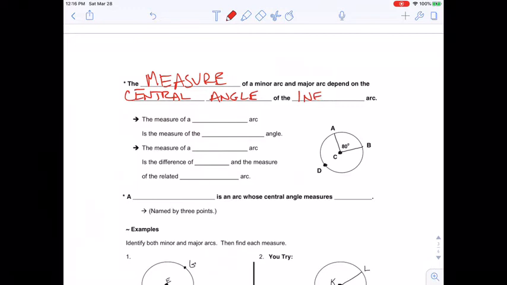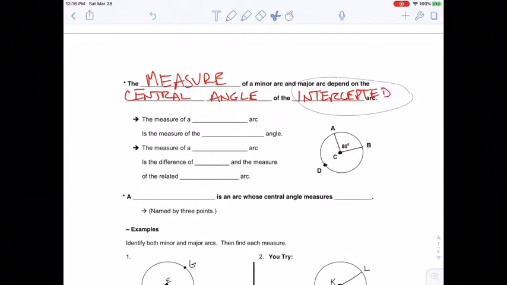So what the heck am I writing here? I do know what I'm talking about. I'm just having problems drawing with my finger here. Intercepted arc.